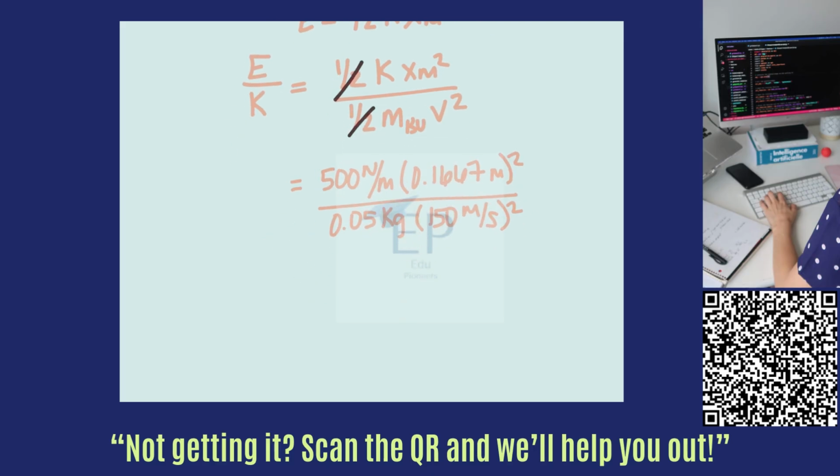And when we calculate that out, we get approximately 1.2%. So approximately 1.2% of the kinetic energy of the bullet was actually transferred into mechanical energy.